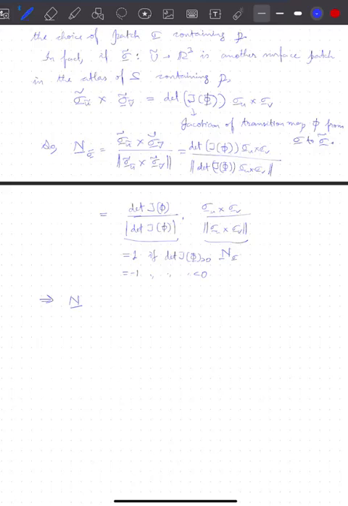So the idea is that n tilde will be equal to plus minus n sigma, right? And where this sign is determined by, or of course actually the sign is the determinant of J phi.